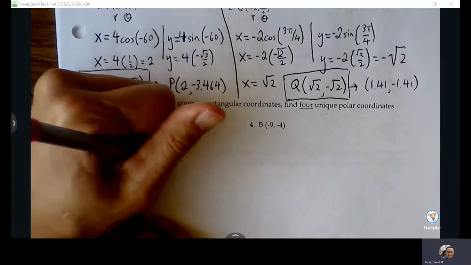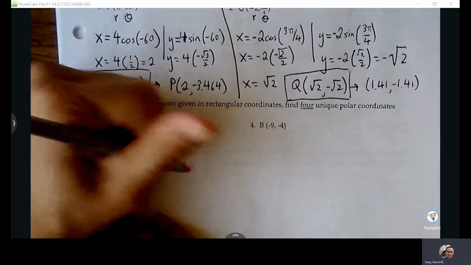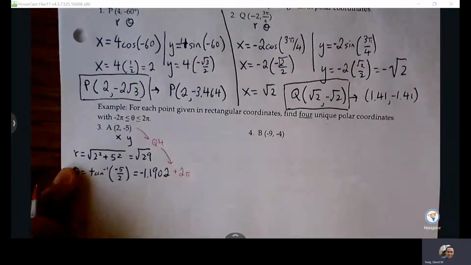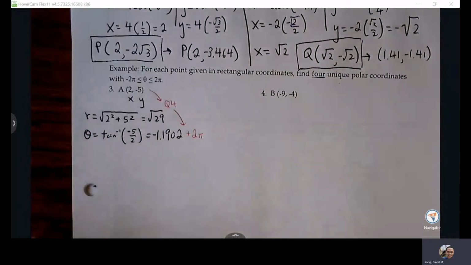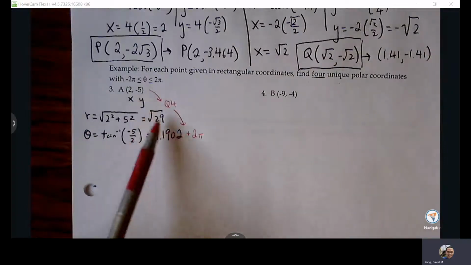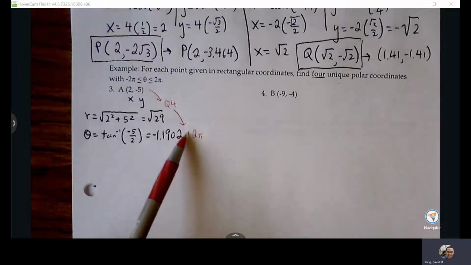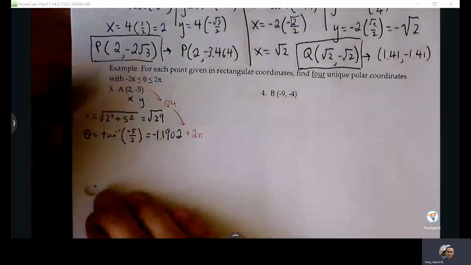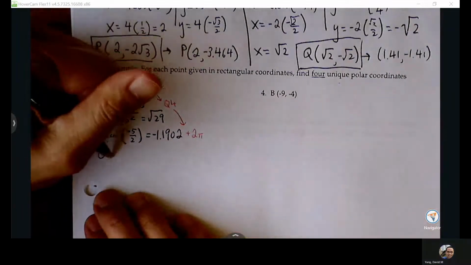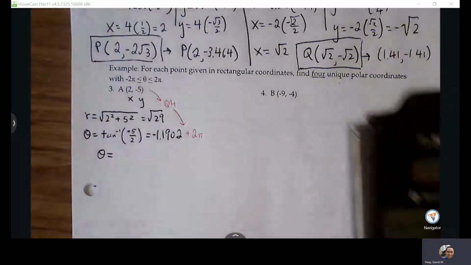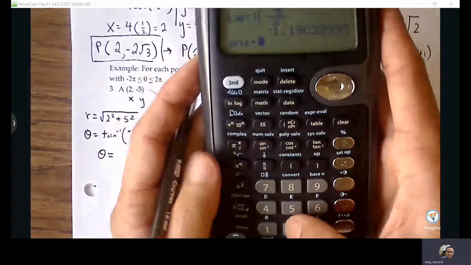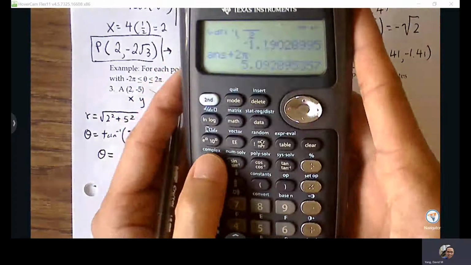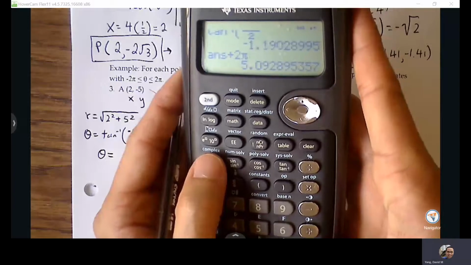So we have to add 2 pi, right? Or we've got to do 2 pi minus that value. I know degrees feel easier because you do 360, but if we're dealing with radians, we have to adjust it, right? 2 pi. 5.093.